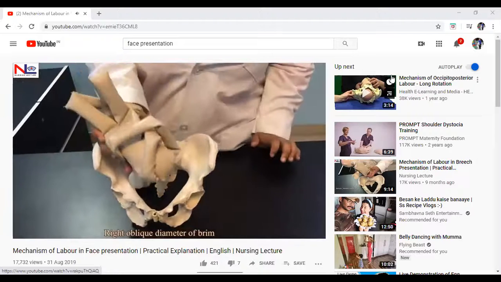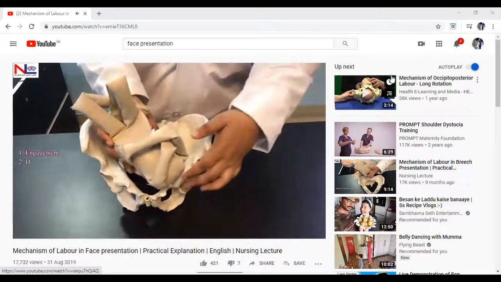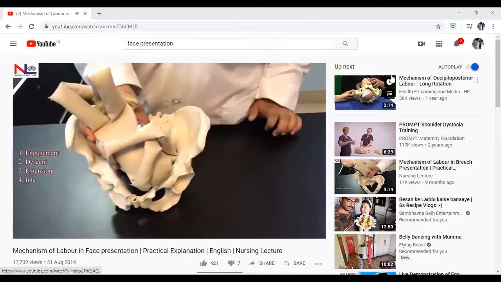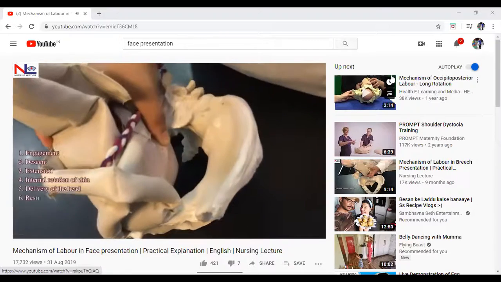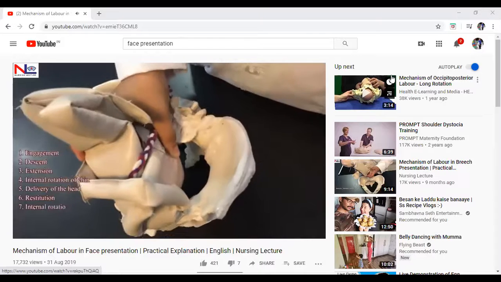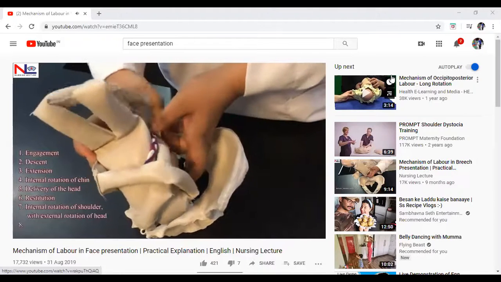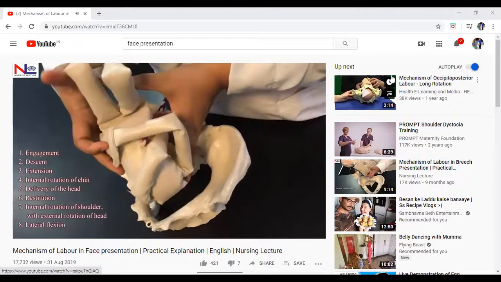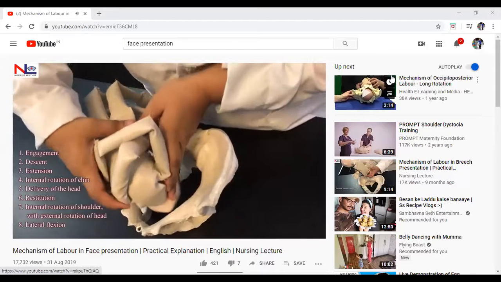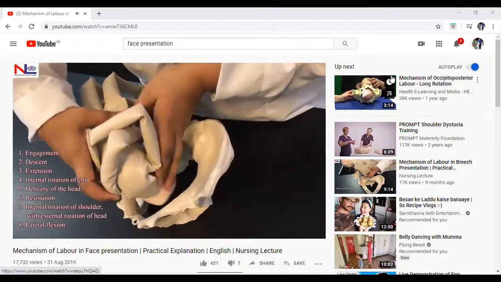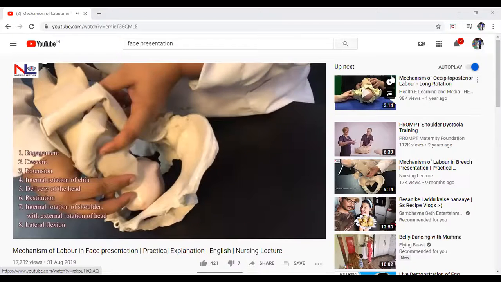So engagement occurs. After engagement, there is descent, and descent is a continuous process which takes place throughout the labor, and it ends at the delivery of the baby. Instead of flexion, there is increased extension, and after extension comes internal rotation of the mentum, and it rotates 1/8 of the circle and comes behind the symphysis pubis.